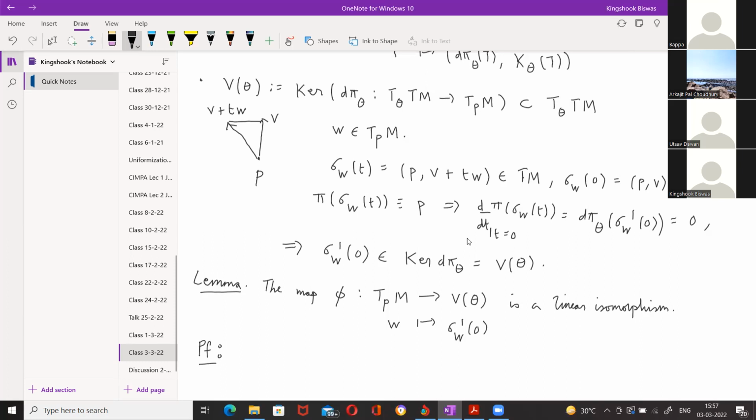The proof: one way to prove this is by taking coordinates.